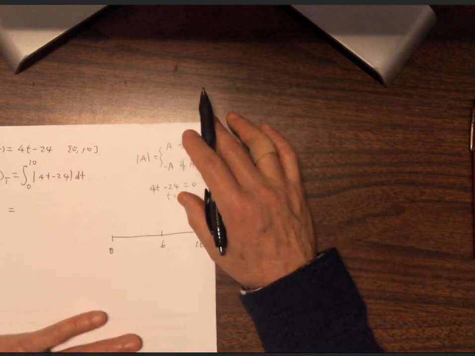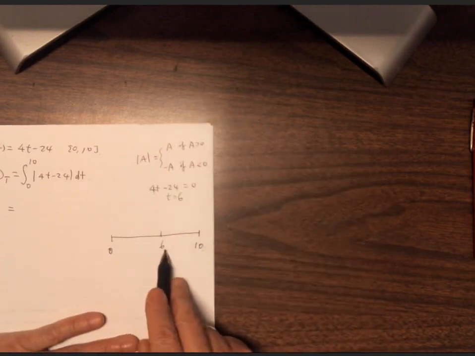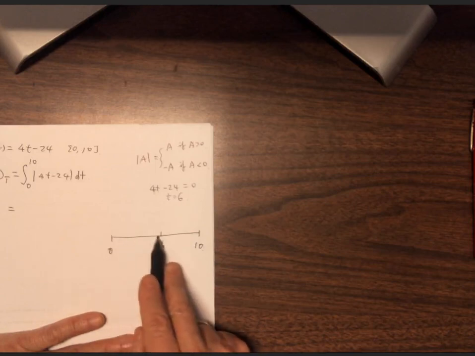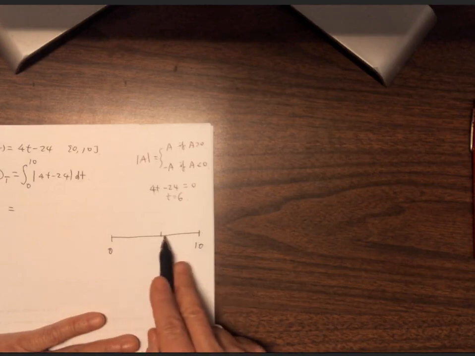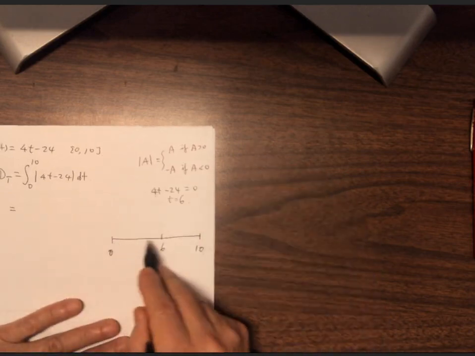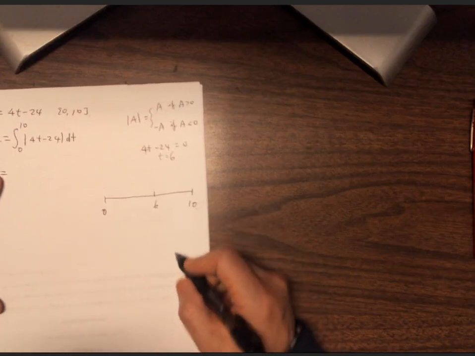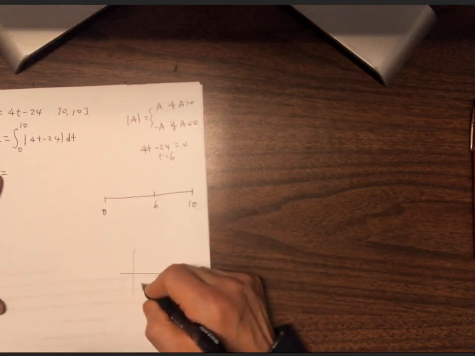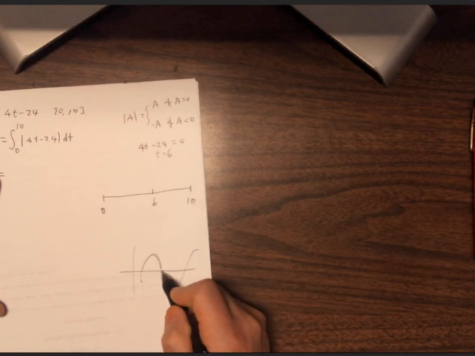In algebra, because of this, we know from 0 to 6 the function will be either completely positive or completely negative. From 6 to 10, again, it's going to be entirely positive or entirely negative because there's no 0. For the sign to change, there has to be a 0. This can be seen from the graph too. See, this graph is positive and changes to negative because it actually crosses 0.